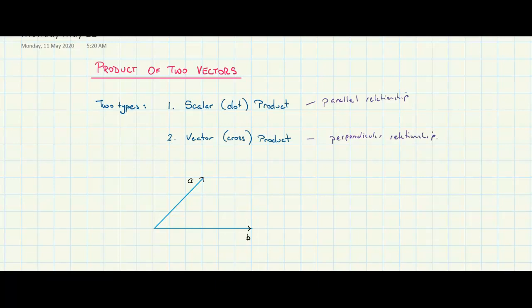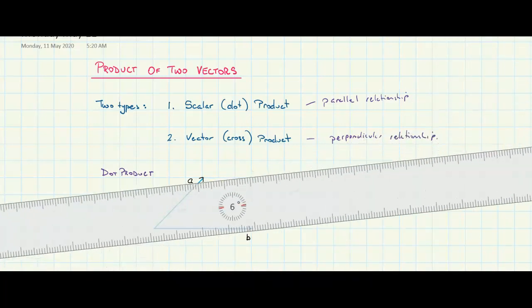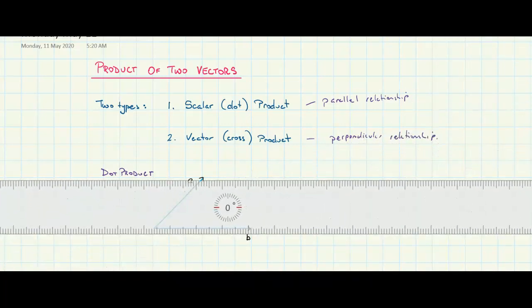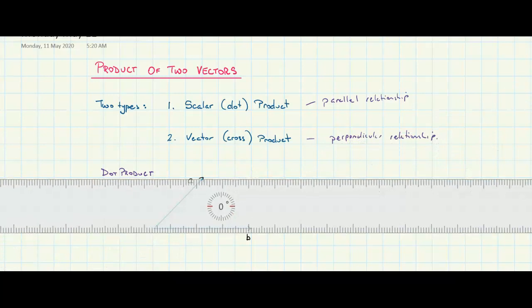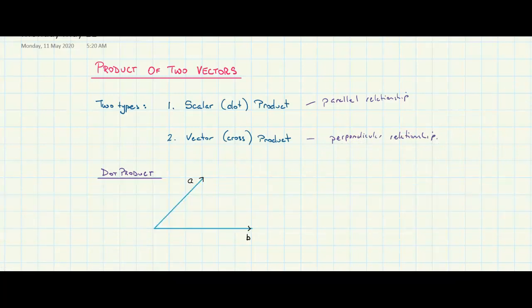So we'll now concentrate on the dot product, the scalar product. It's called the dot product simply because it uses a dot as its operator. So the dot product of two vectors has a dot between them, and the dot product of A and B will look like so.